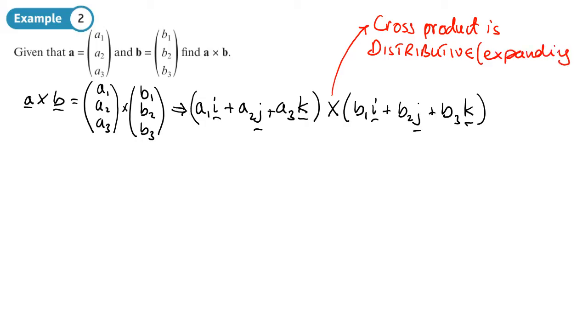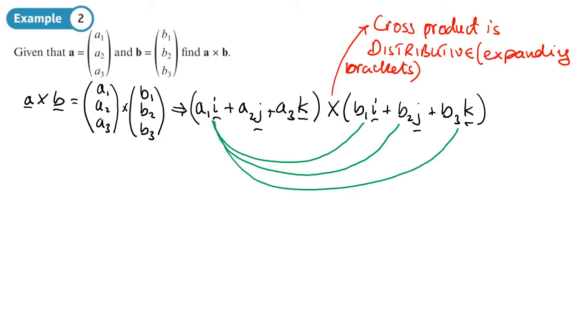Expanding brackets we can do because with that algebra it's distributive. So basically, to work this out, I'm going to do this cross this plus this cross this plus this cross this plus this cross this. Everything joined by a plus I'm crossing together, a bit like expanding brackets.